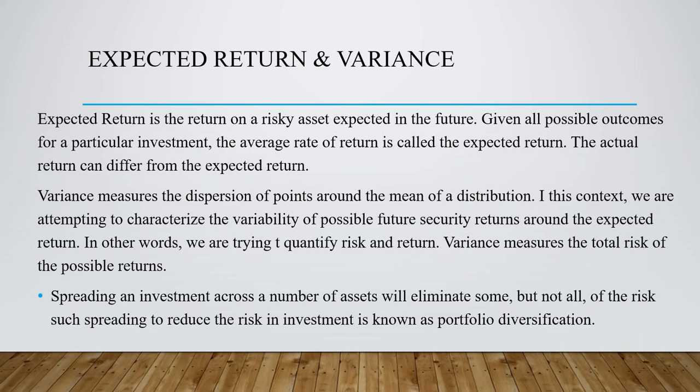Okay. Whatever return we are expecting on a particular asset in the future is known as expected return. For example, now we are investing in some company shares and we are expecting a dividend of 15 to 20%. Okay. That is a possible return, it is not the actual return.